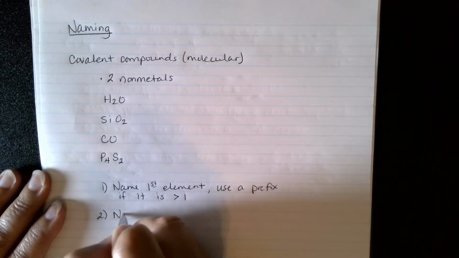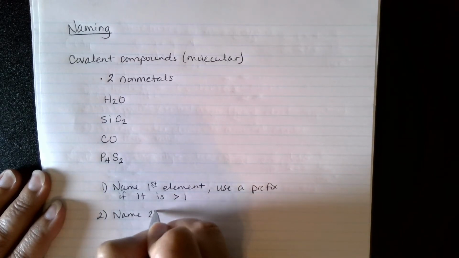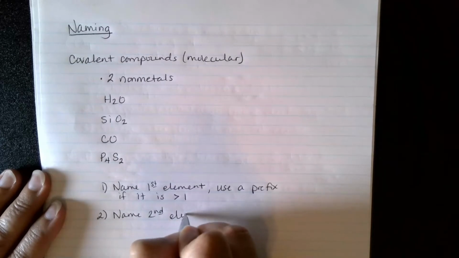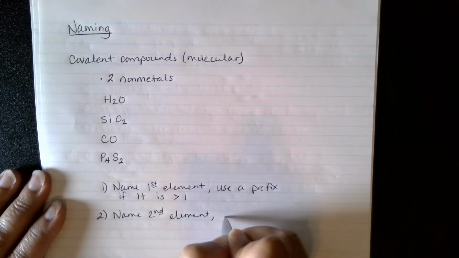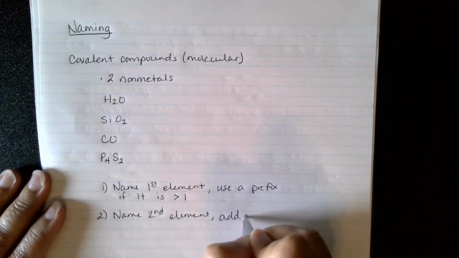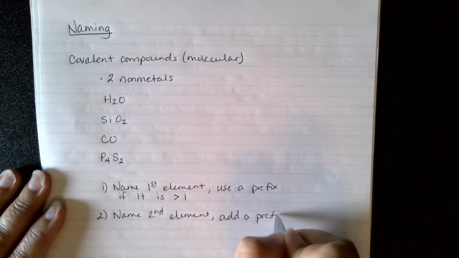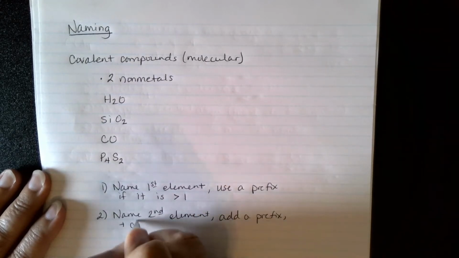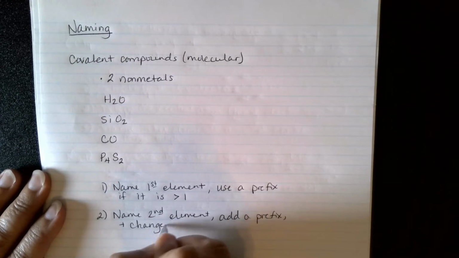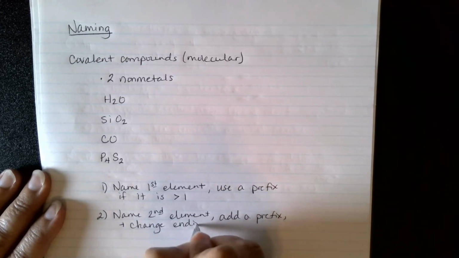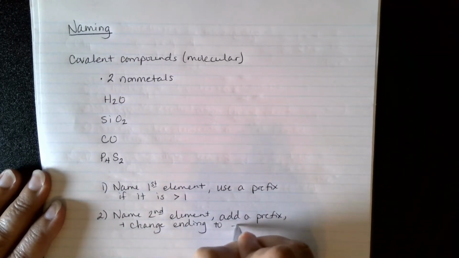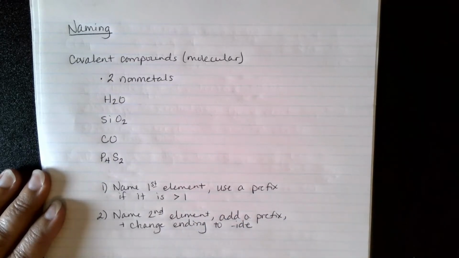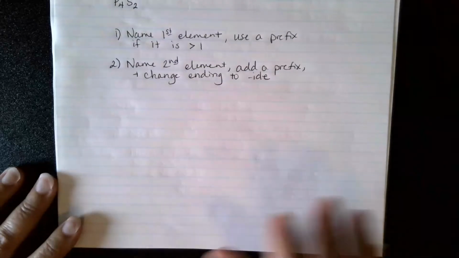And then we're going to name the second element. We're going to add a prefix and change the ending to "ide." And the list of prefixes is in your book.